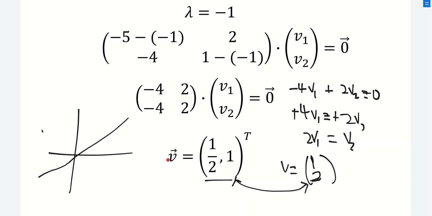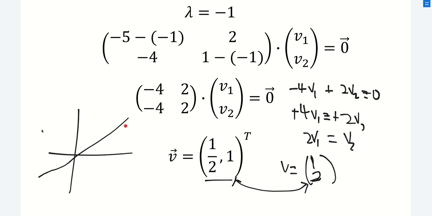Okay, so Gordon said 2v. All right, so if you look at this, you just have to multiply and you will be able to obtain that. So you multiply this by 2, or you have this one. It's the same thing.